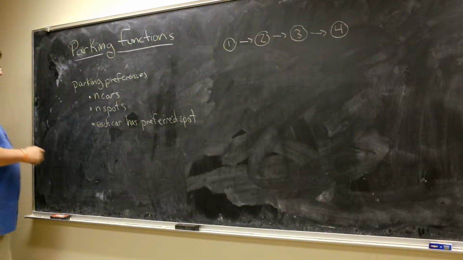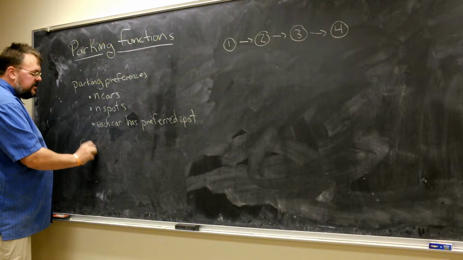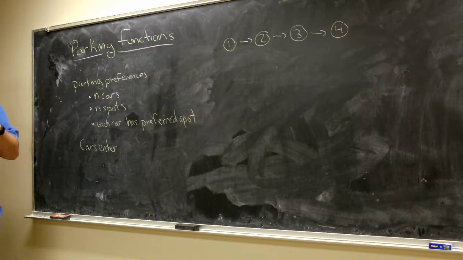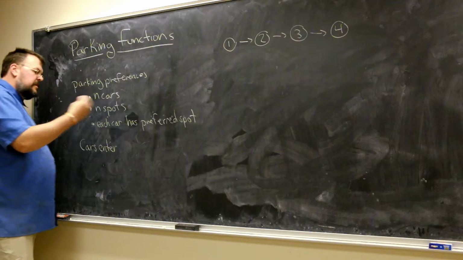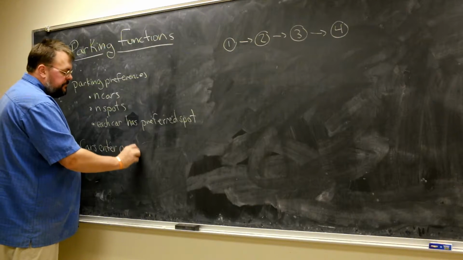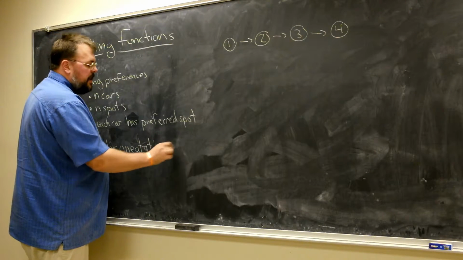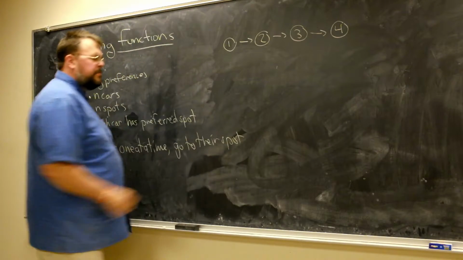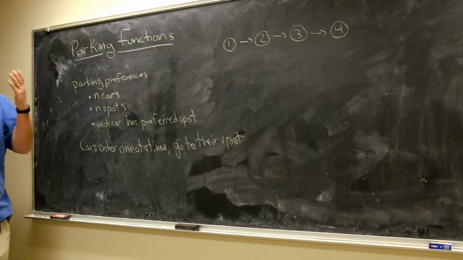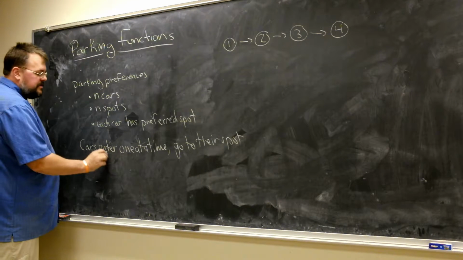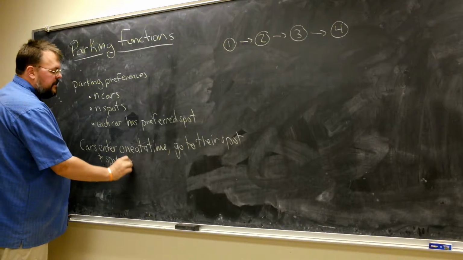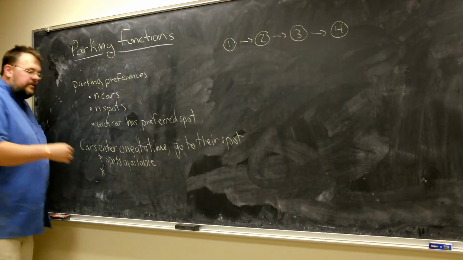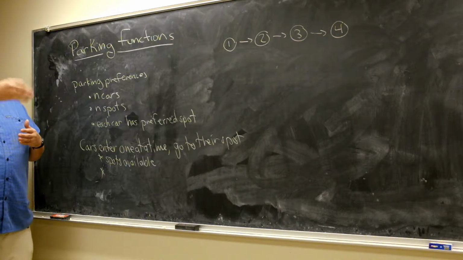Now, what happens? Cars enter one at a time, and if you want, we can talk about two variations: the cars are ordered, or the cars are unordered. We'll look into both. Cars enter one at a time, and they go to their preferred spot. Two things can happen. One is that the spot is available, so they park. The other option is that the spot's not available, so they start moving towards the exit.